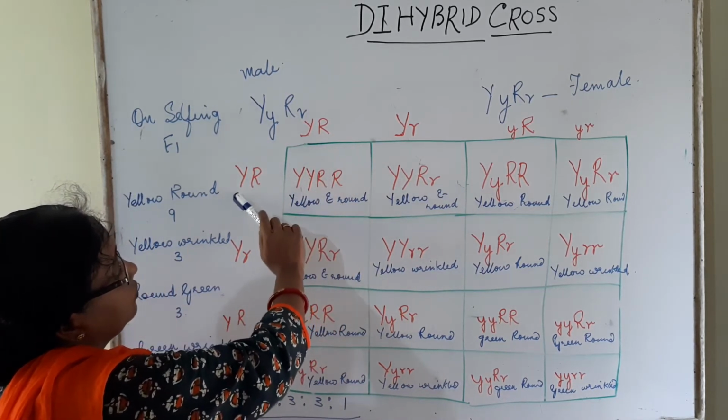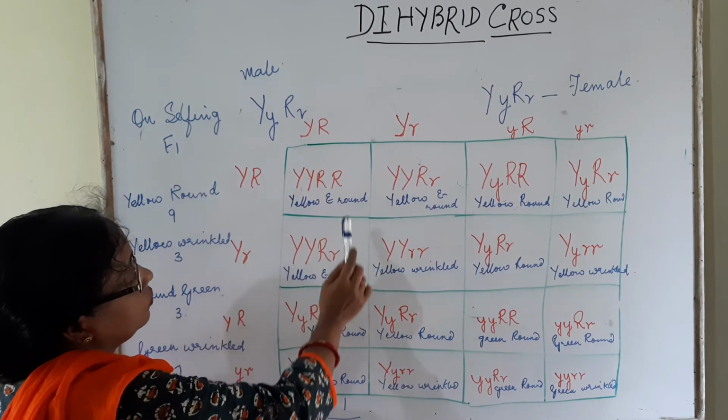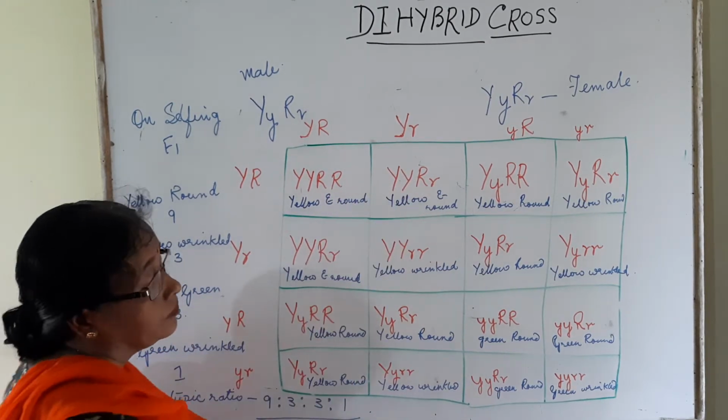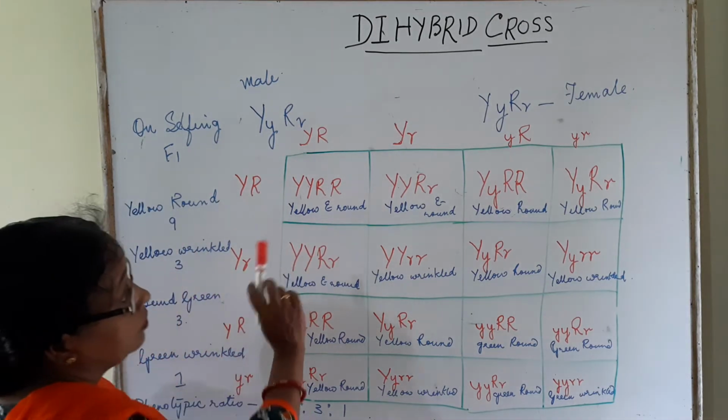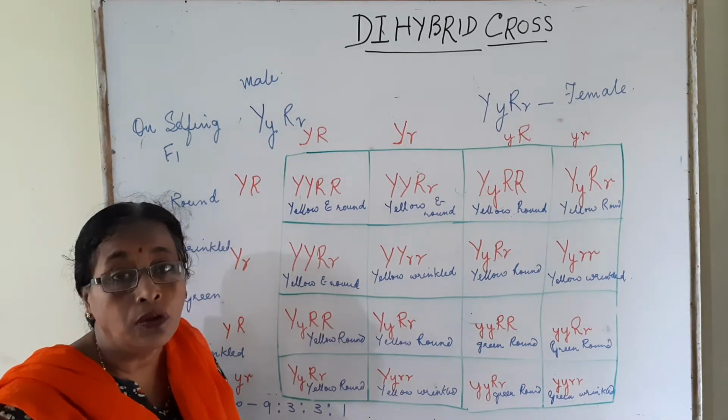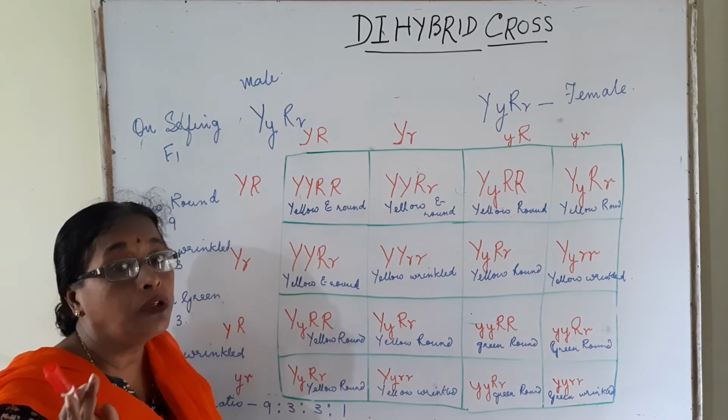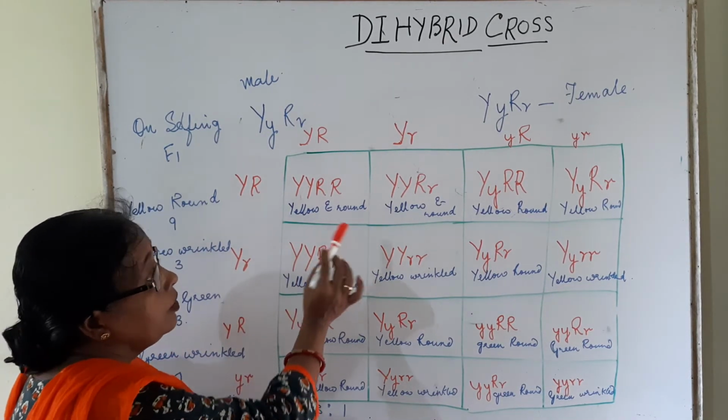So this way I have done it. You have to do it like this. We have to do the crossing and show it in a Punnett square. The F2 crossing has to be shown in a Punnett square.